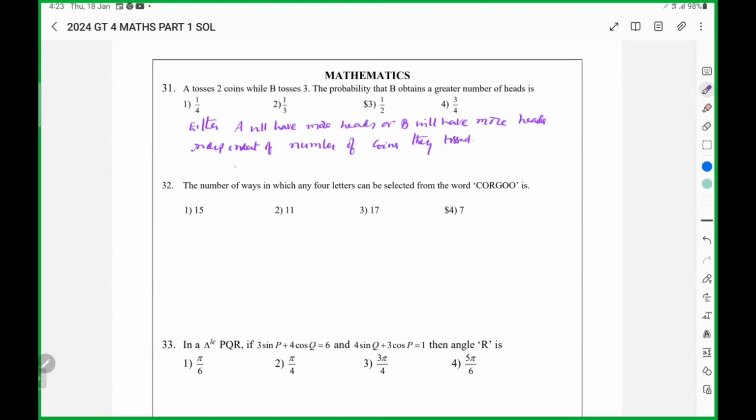So either less or more. The probability will be half.